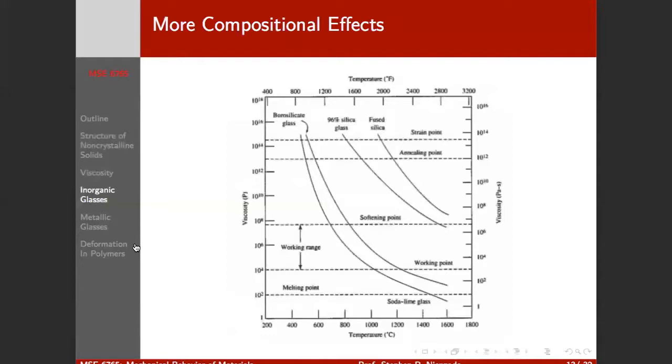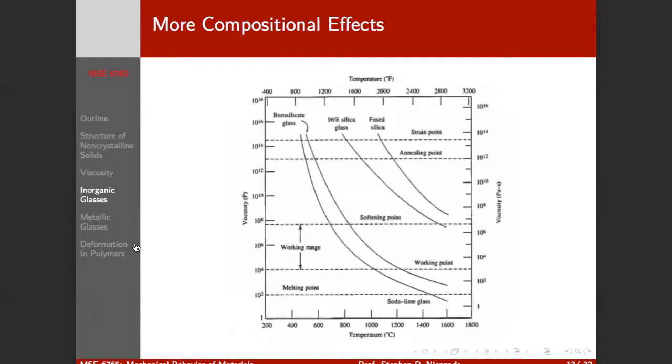The working point is where the glass is stiff enough that it will roughly keep the shape that you want it to without just completely flowing out. It's the upper temperature, and that's 10 to the 4th. The softening point is where it becomes too viscous to work easily. That's roughly about 10 to the 8th. So the working range is in between the working point and the softening point.